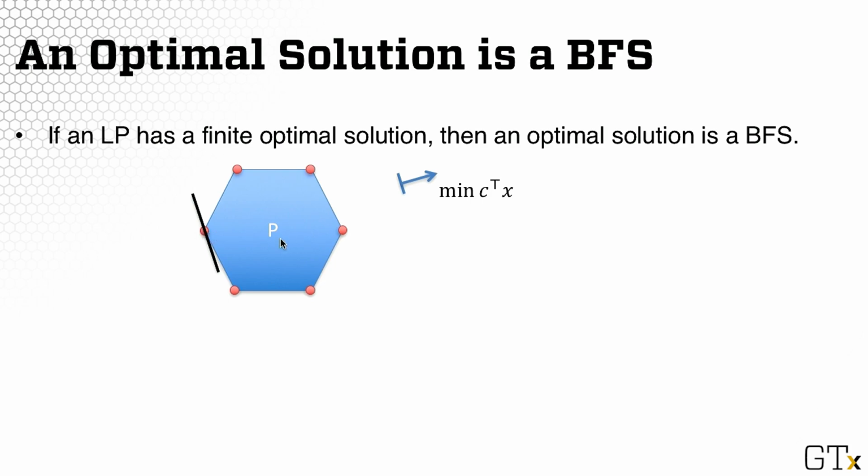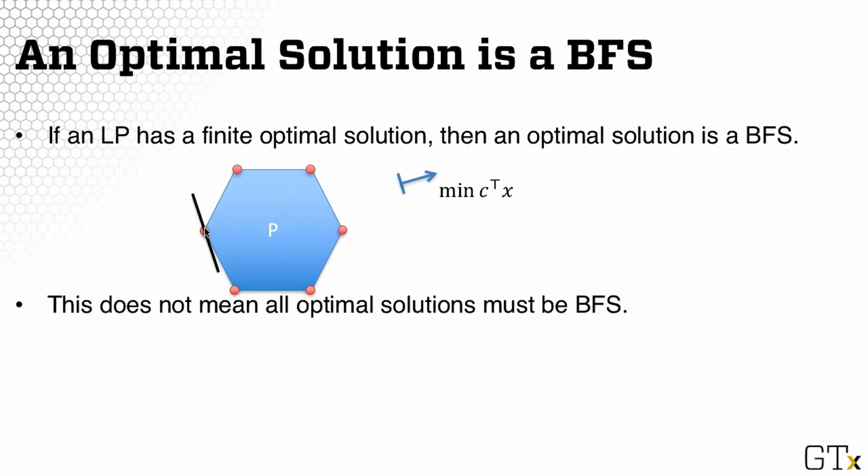So in this case, this LP, minimize C transpose X over this polyhedron, does have a unique optimal solution, and it is a basic feasible solution. Okay, so from this statement, you can immediately tell that if the optimal solution is unique, then it has to be a basic feasible solution. But what if the optimal solution is not unique?